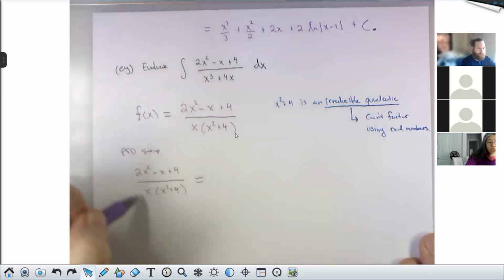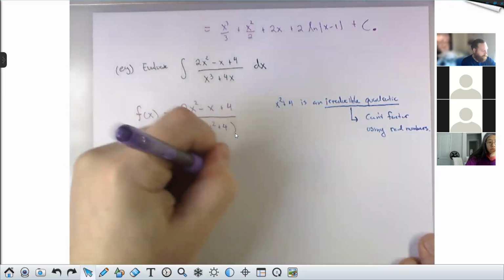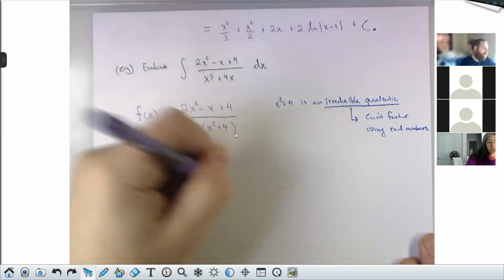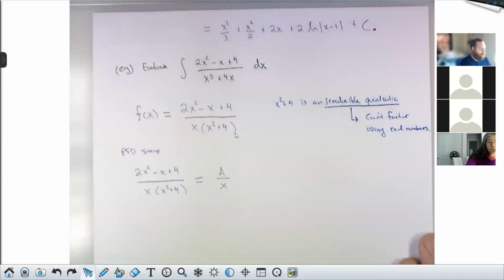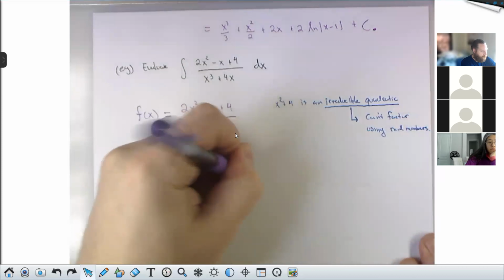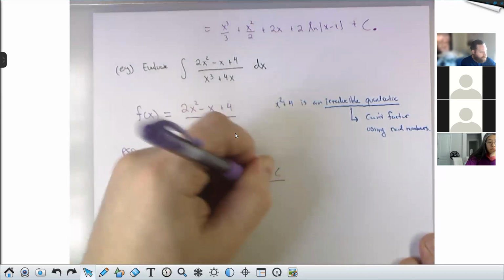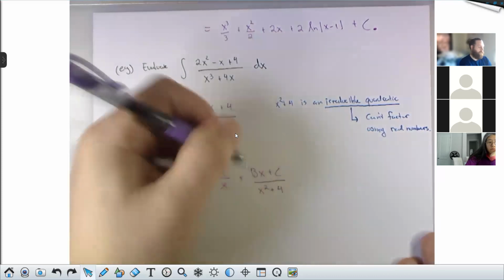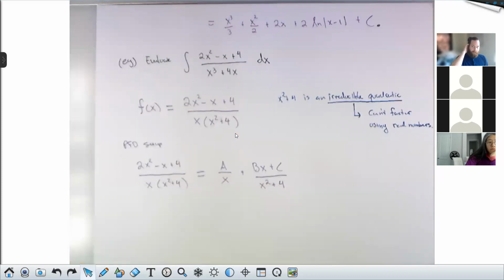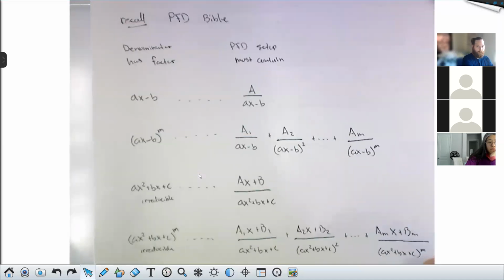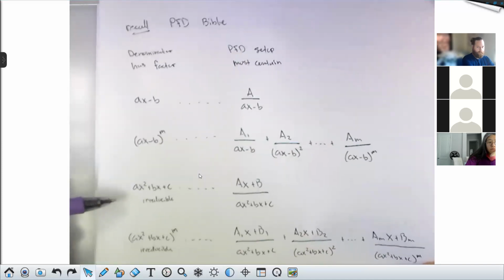The x here is a simple linear factor, so he just gets one term with a constant upstairs. x squared plus 4 is an irreducible quadratic, so he gets a linear numerator. That's the idea. Okay, and this is just following the rule in the PFD setup Bible, right? Following this piece right here.